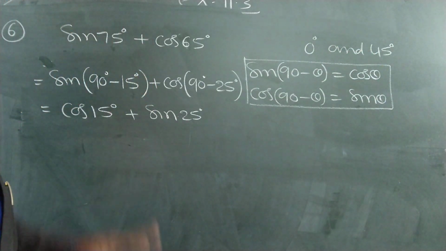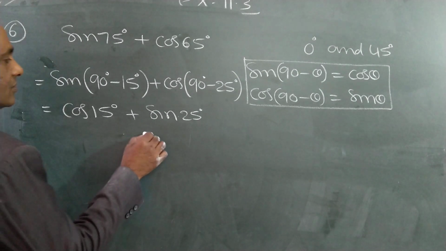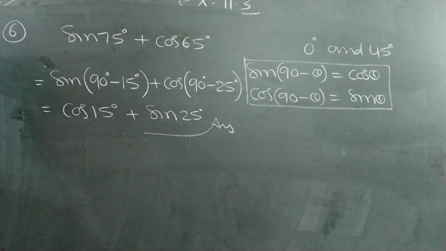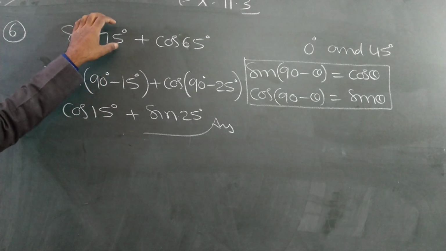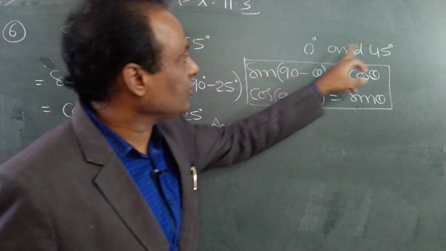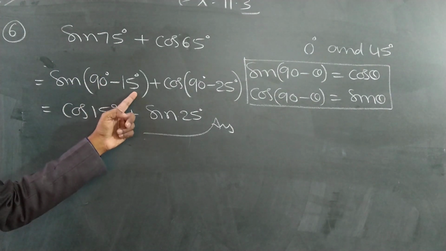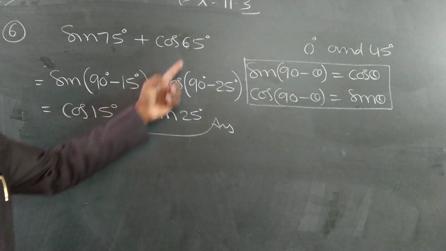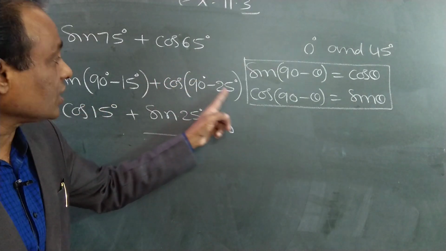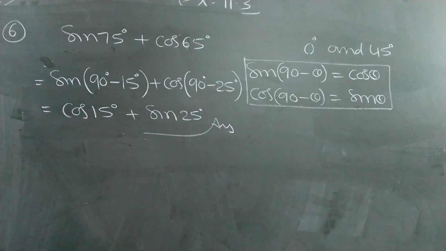So this is the answer. We have changed it into the required form. 75 degrees is not between 0 and 45, so change it. 75 can be written as 90 minus 15, so sin changes to cos of 15. 65 can be written as 90 minus 25, so cos changes to sin of 25. That's all.